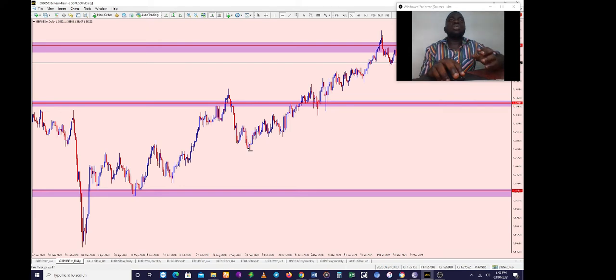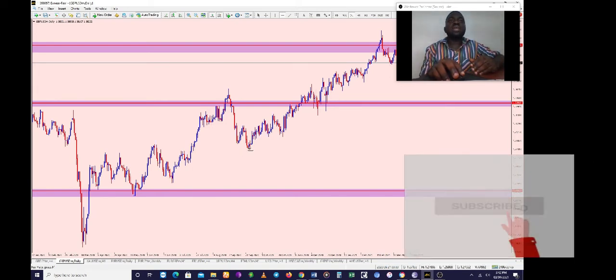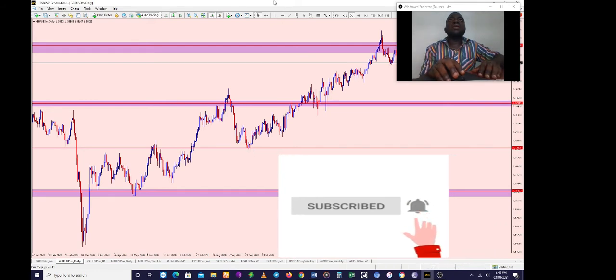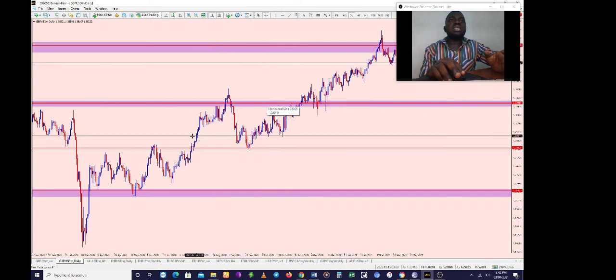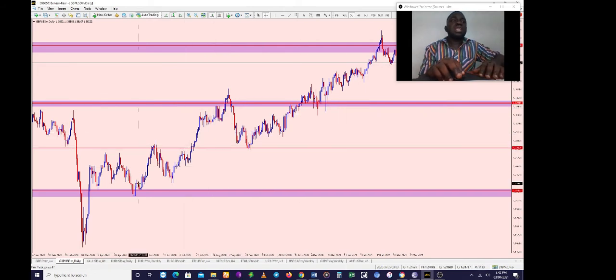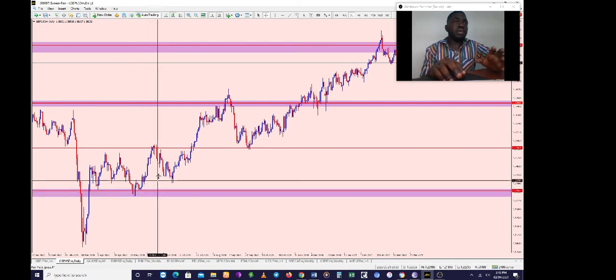I think I'll use the daily time frame to elaborate on one of the features of support and resistance, where when a resistance is broken, it becomes a future support. So I've seen a support here. Let's look at a very important example here.